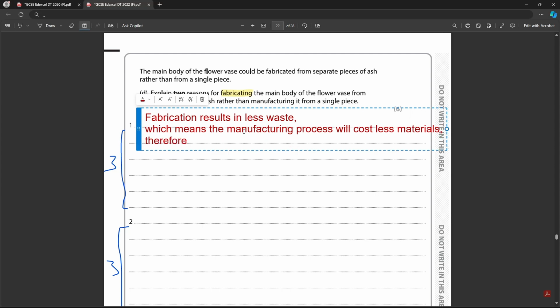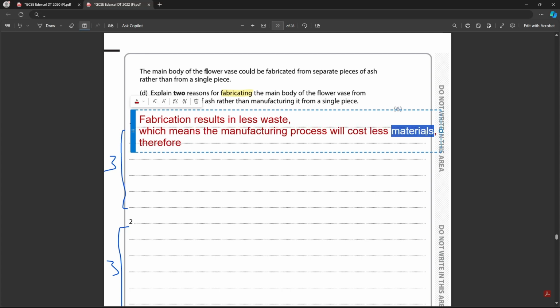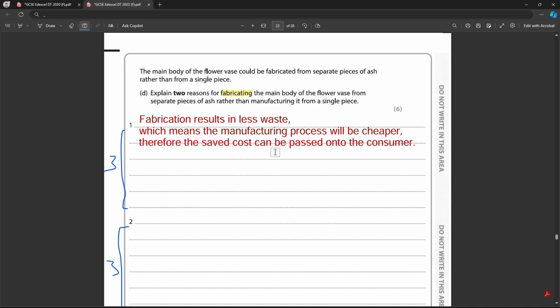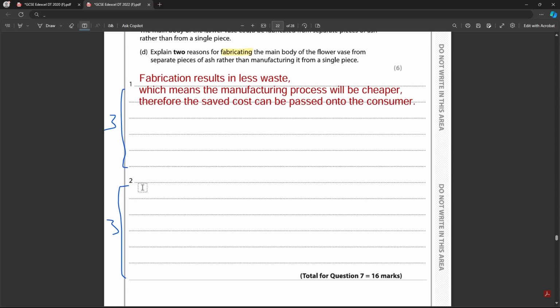So we've had our point and our explanation, which means the manufacturing process will cost less material and will be cheaper. Therefore, the saved cost can be passed on to the consumer. So we have our point, it affects the manufacturing process, which then will affect the consumer and make it cheaper for the consumer.